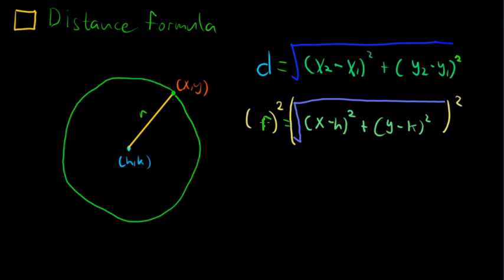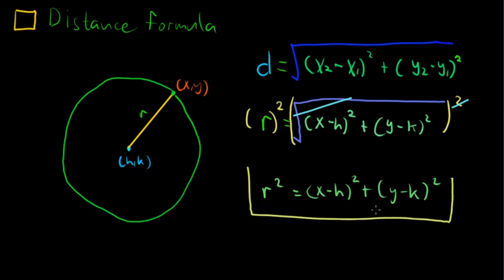Kung in-square ko to, minultiply ko si r sa sarili niya, it's basically the same as r squared. Now, in-square mo yung may radical sign, alam natin lahat that would be cancelled out. It'll only leave you with x minus h squared plus y minus k squared, which is the center radius form of a circle.